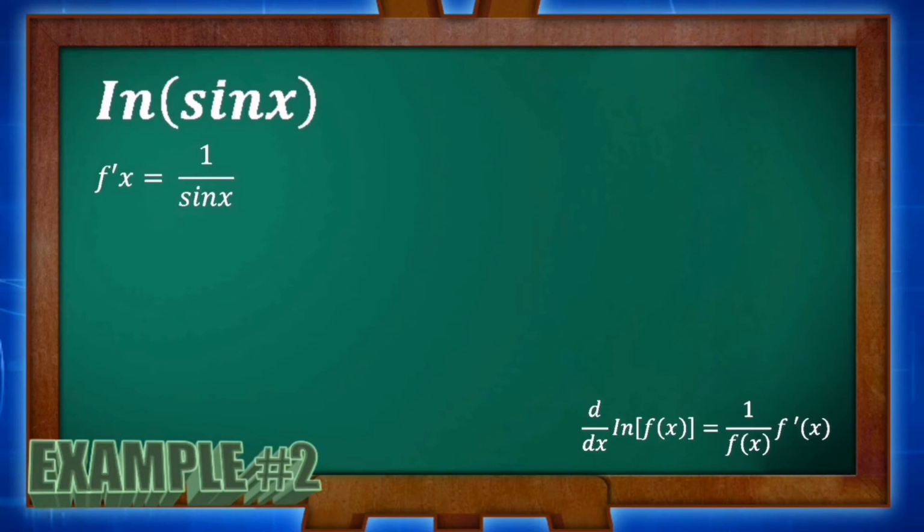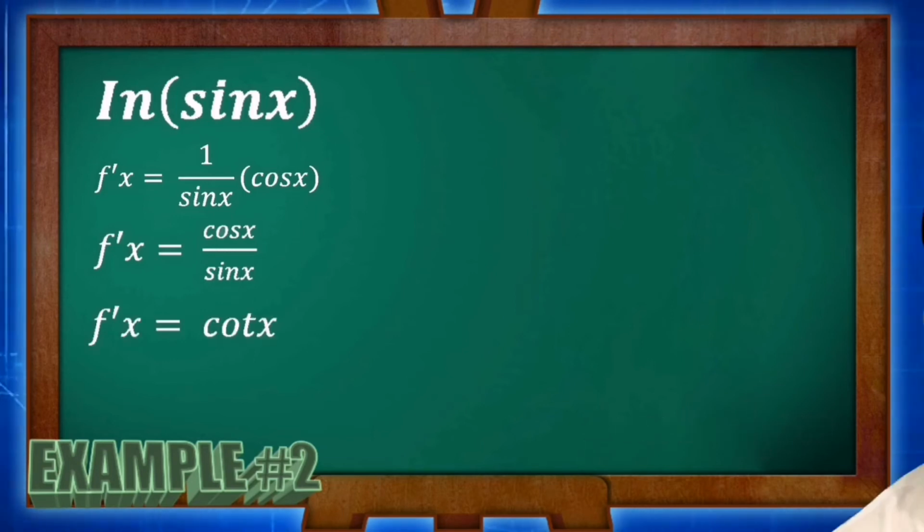What is the derivative of sin x? The derivative of sin x is cosine x. Now, we need to multiply the numerator. Cosine x times 1. So, it will become cosine x over sin x. Guys, we need to simplify it. So our first derivative answer will be cotangent x.